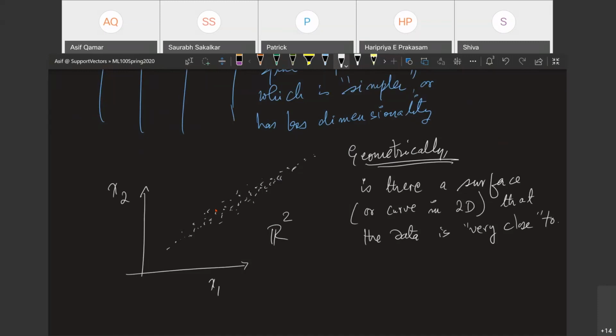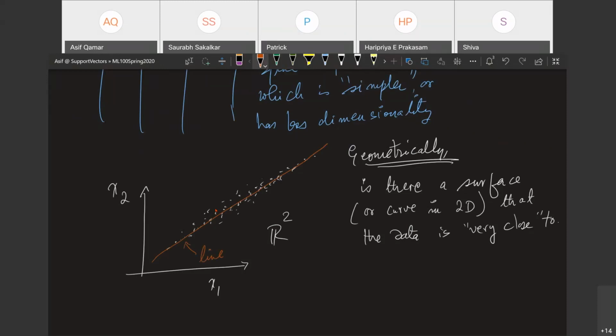So is there a surface or is there a curve such that most of the data is close to it? If you can find such a space, then you can say, so let us see this. In this, would it be reasonable to say that, yes, I can see such a thing? It is this line.